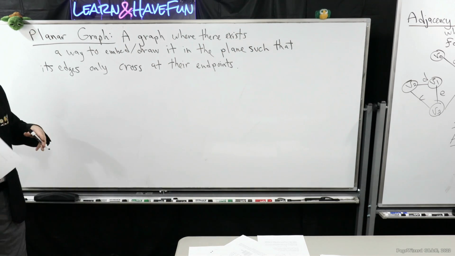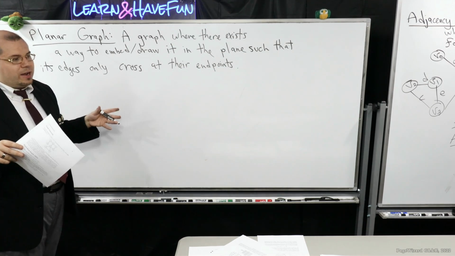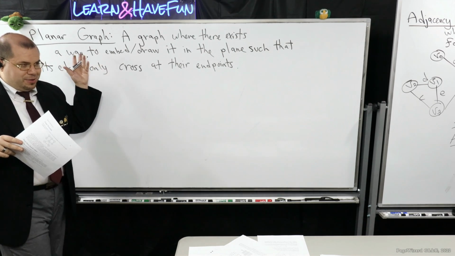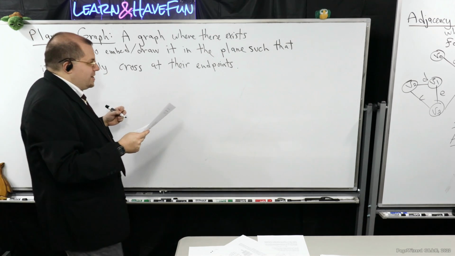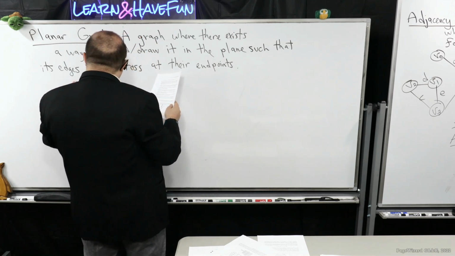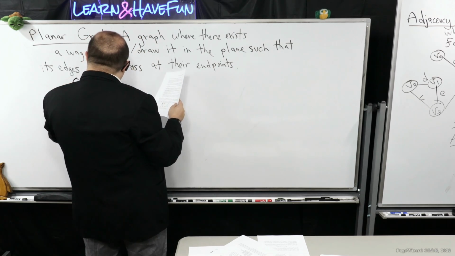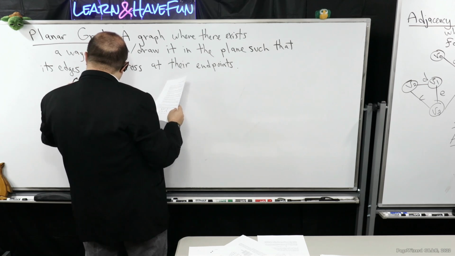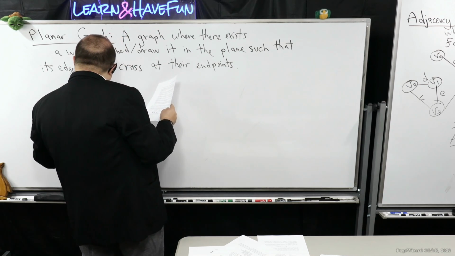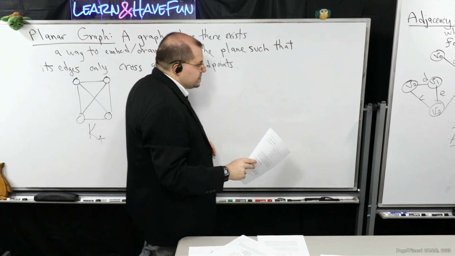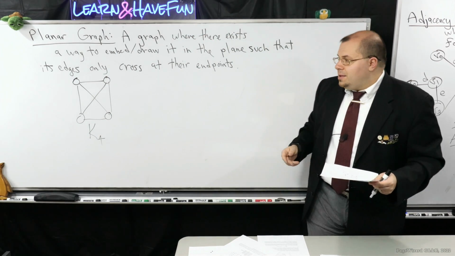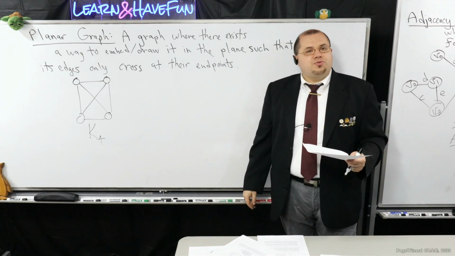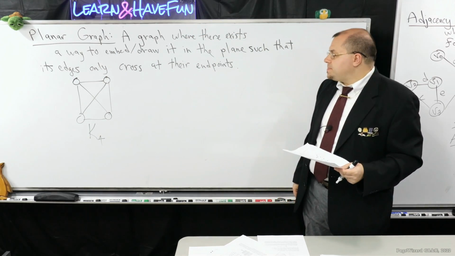Believe it or not, a lot of different kinds of graphs you encounter in practice actually are this. So I'll give you an example. Actually, I alluded to this one previously. Suppose I give you K4. So here's K4. Here's one possible way I could draw K4 for you.